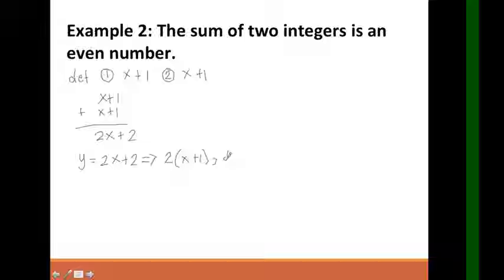And just let q equal x plus 1, such that q is an element of Z, which is an integer. So therefore, y is equal to 2q, and this 2q is an even number. Therefore, the sum of two integers is an even number. Okay?